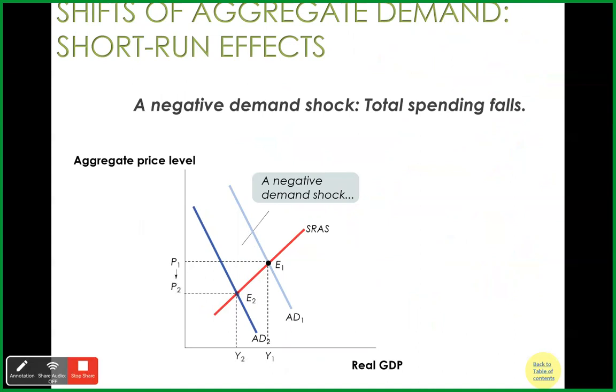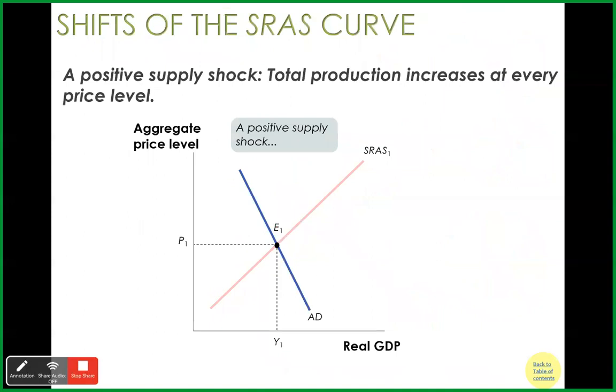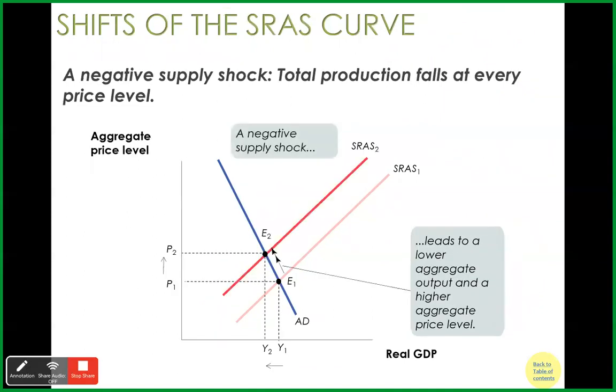And so this can be a positive demand shock, right? Or a positive supply shock, or a negative demand shock, right? So there are four possible shocks to our economy, where each of them has different implications on the real GDP and the price level, right?